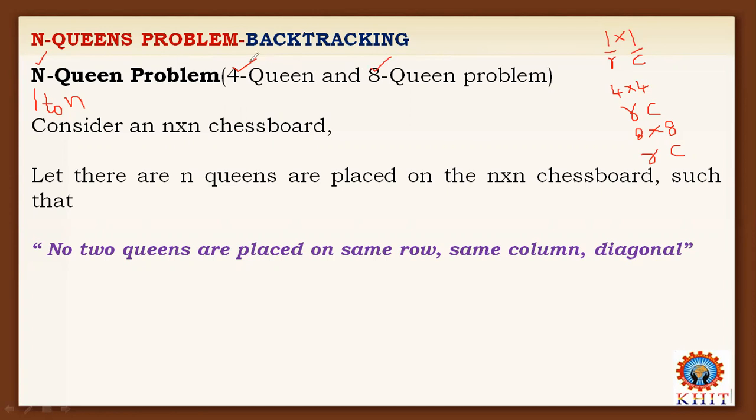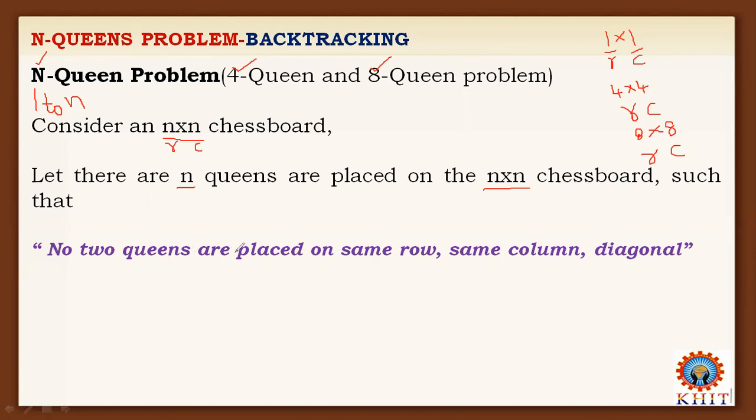Okay. Before starting, initially you can consider a chessboard. The chessboard size is n by n, n rows and n columns. Let there be n queens. These n queens are to be placed on the n by n chessboard in such a way that, what are the constraints here?